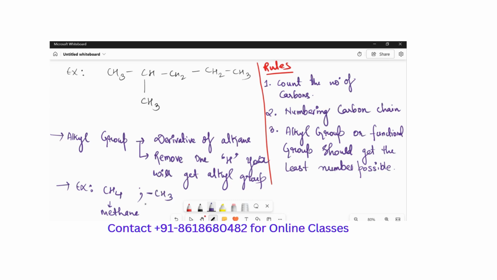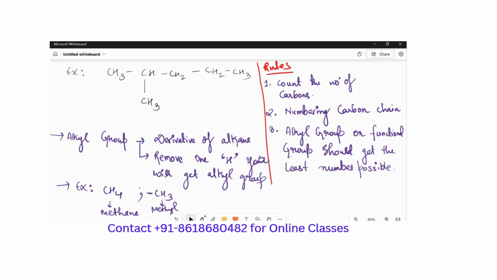The dash indicates that the carbon has one vacant orbital which will be filled by a functional group or anything else. So this is your methyl. For naming also, you just have to look for which hydrocarbon or which alkane it is. If it is methane, the group you will receive is methyl. If you get ethane, it will be ethyl, and so on.